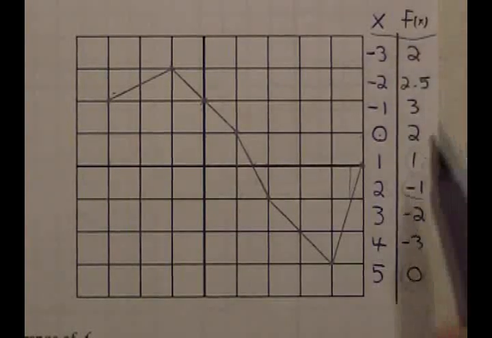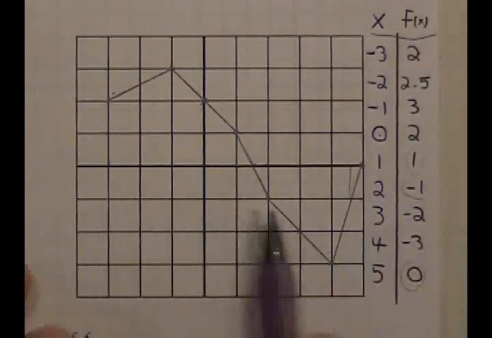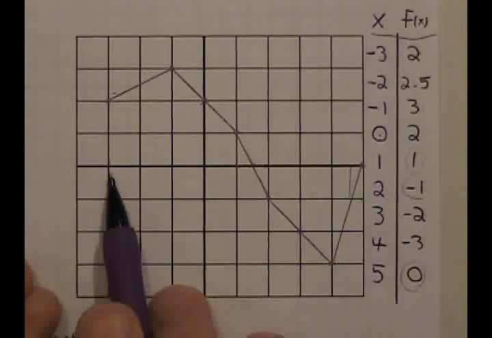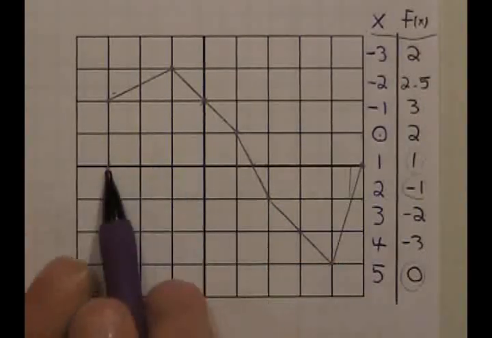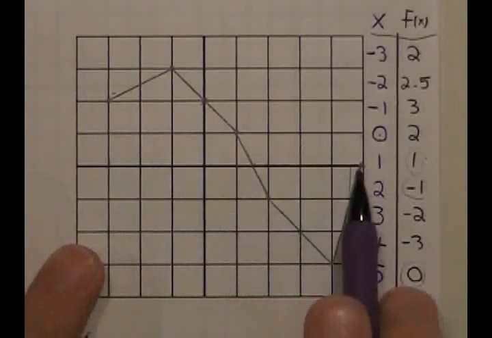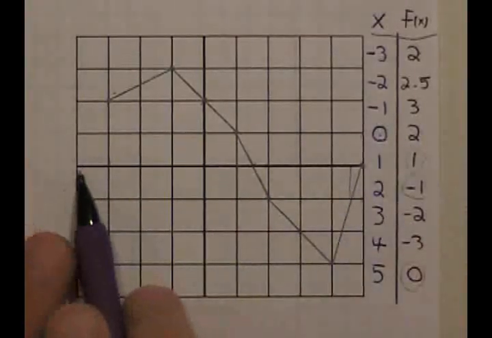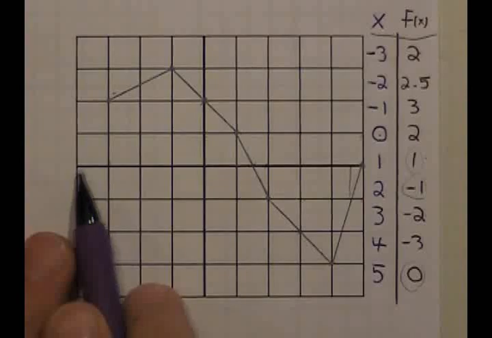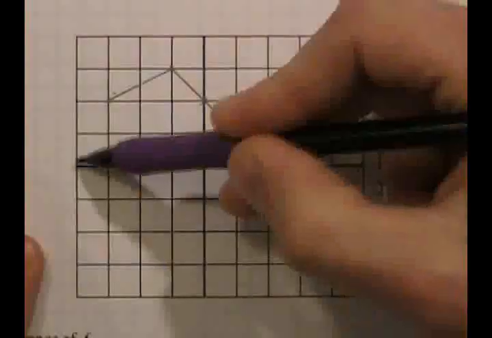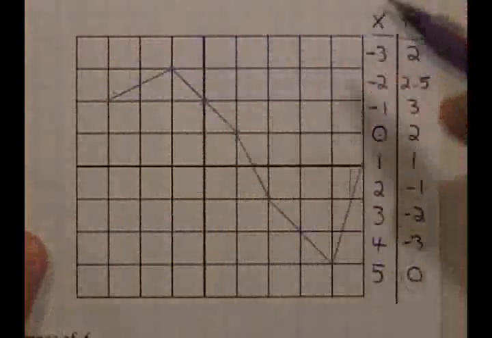You could see that from the table, but you could see it from looking at the graph too, because only x values between -3 and 5 get mapped onto some number. This number out here, -4, is not in the domain because -4 doesn't get sent anywhere. It doesn't correspond with any point on the graph.